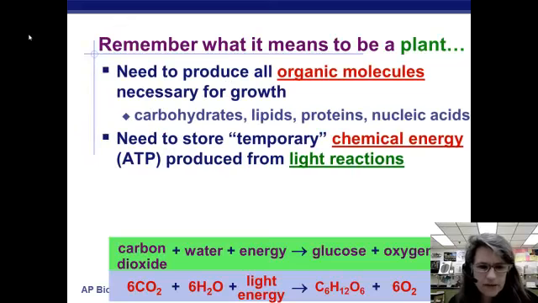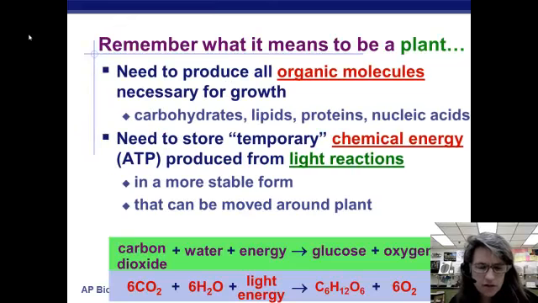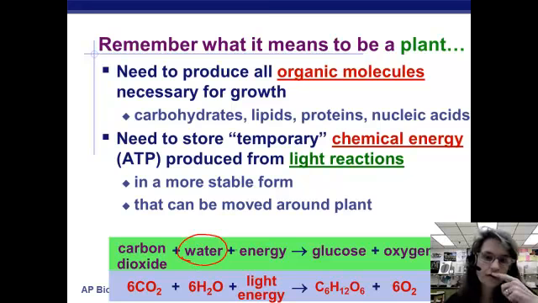Please remember your basic photosynthetic equation, which we keep going back to over and over again, but it's really important. In the light reactions, we figured out why we need water to make photosynthesis work. We need to strip electrons out of that to replace electrons that are lost from the chlorophyll A molecule.